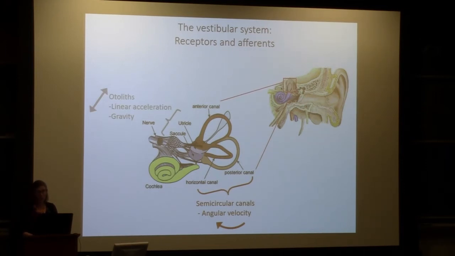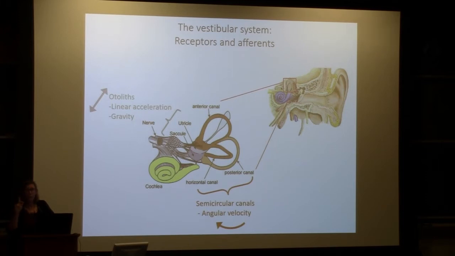And each of the semicircular canals comes in and back into the utricle, which is a linear sensor. It senses linear motion. And then just below that sits the saccule, which is another linear sensor. If you look at these 3 canals, what's fascinating from the point of view of an engineer's design project is that they're pretty much organized at right angles to each other. So they're orthogonal.